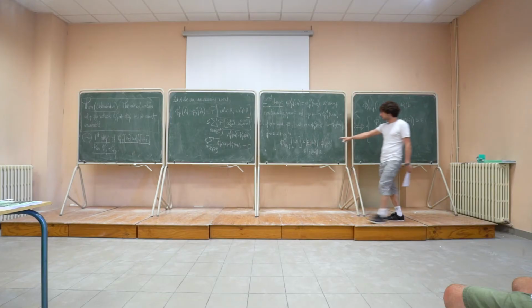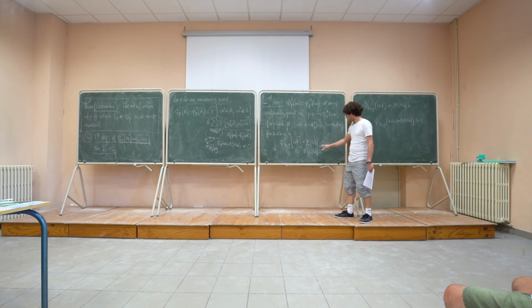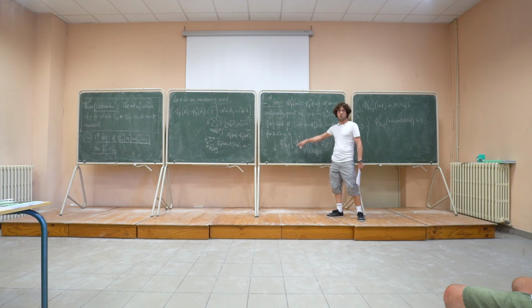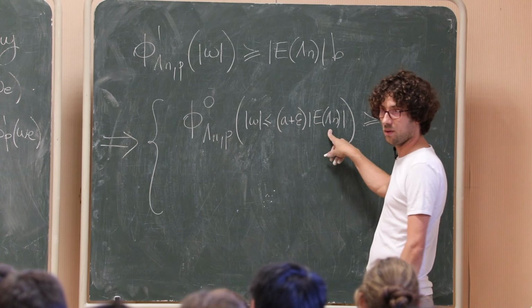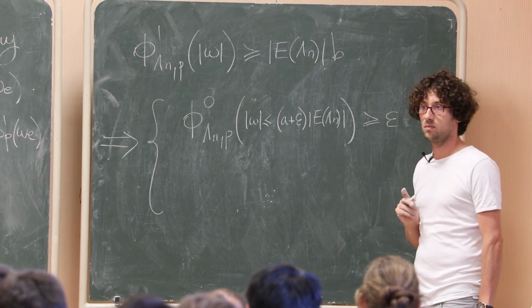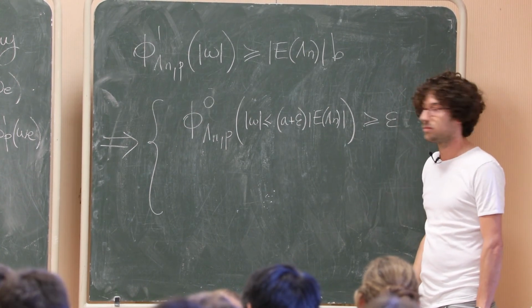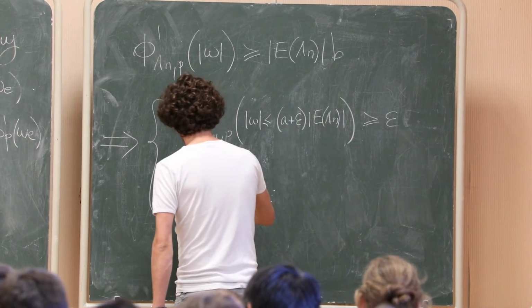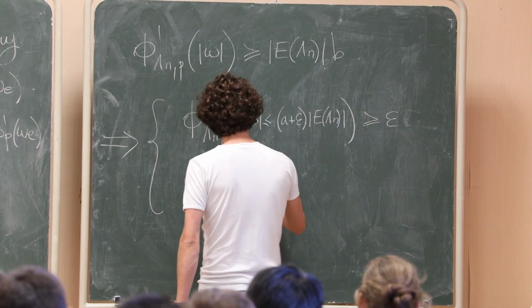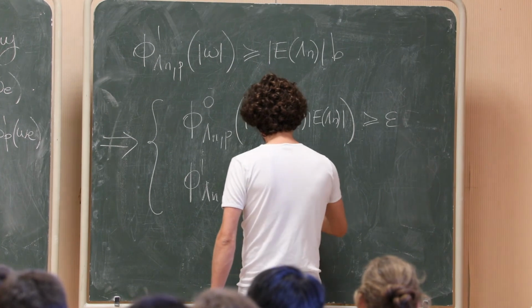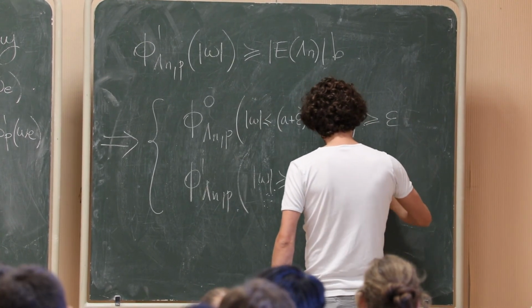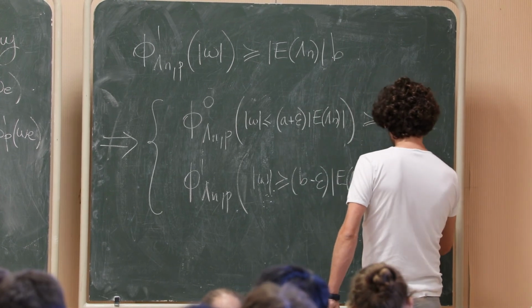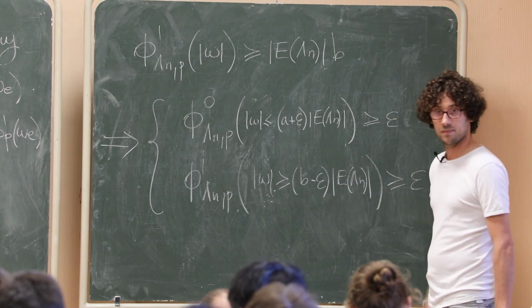So if you have something of average lambda n times A, which is bounded between 0 and lambda n, the probability that it's smaller than A plus epsilon lambda n is larger than epsilon. It's Markov. And same thing, phi 1 lambda n p of omega larger than B minus epsilon E of lambda n is larger than epsilon for exactly the same reason.